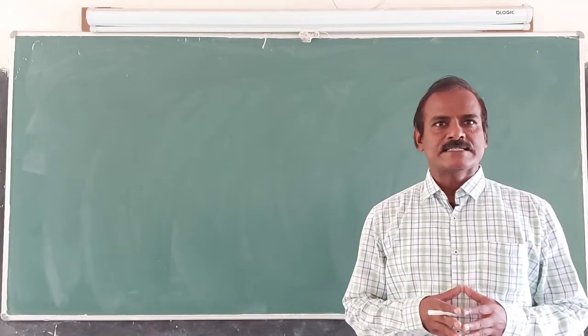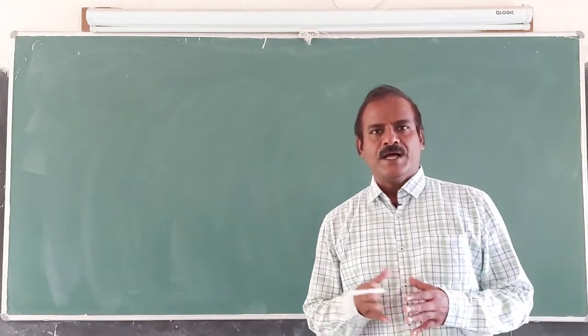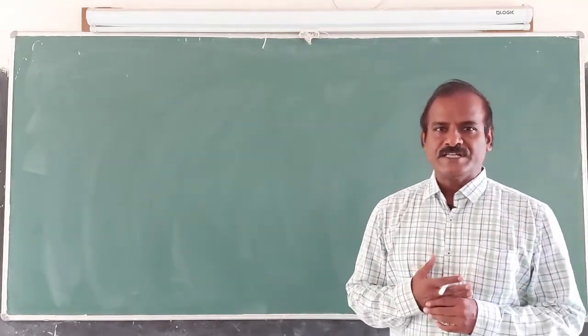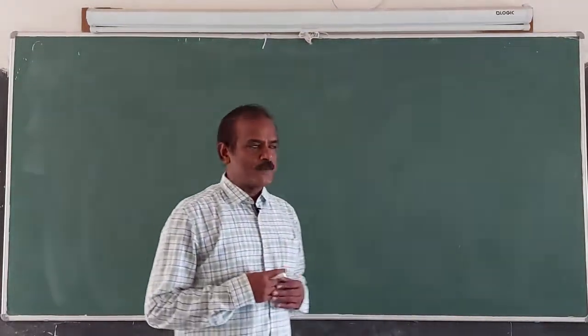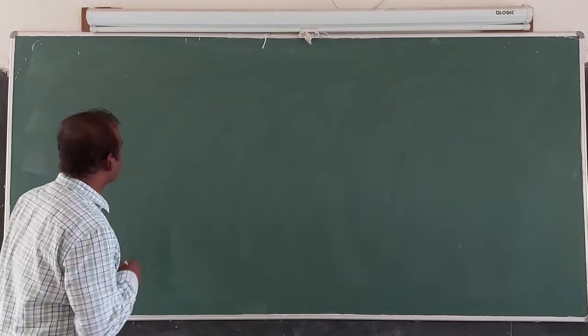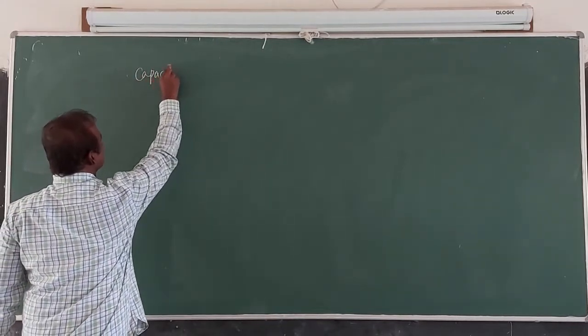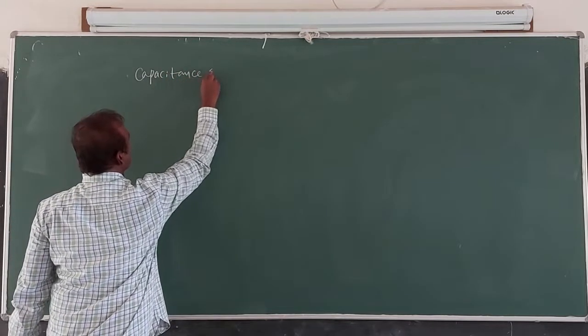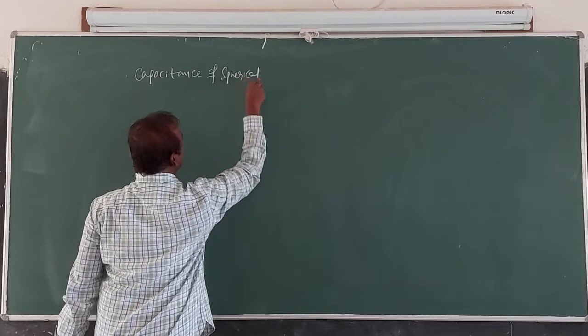Currently, we are discussing the topic electric potential and capacitance. And in the last class, we discussed various aspects of capacitance. In fact, if you remember, we arrived at the formula for capacitance of a spherical capacitor.